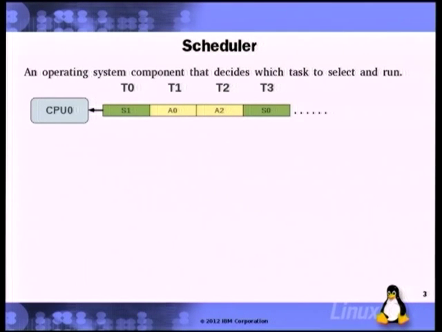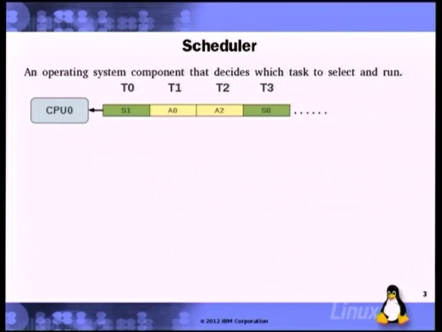So next, what is the job of a scheduler in simple terms? It's an operating system component that decides which task to select and run. On the chart, what we see here is a processing element, CPU 0, and a timeline of T0, T1, T2, T3, Tn.